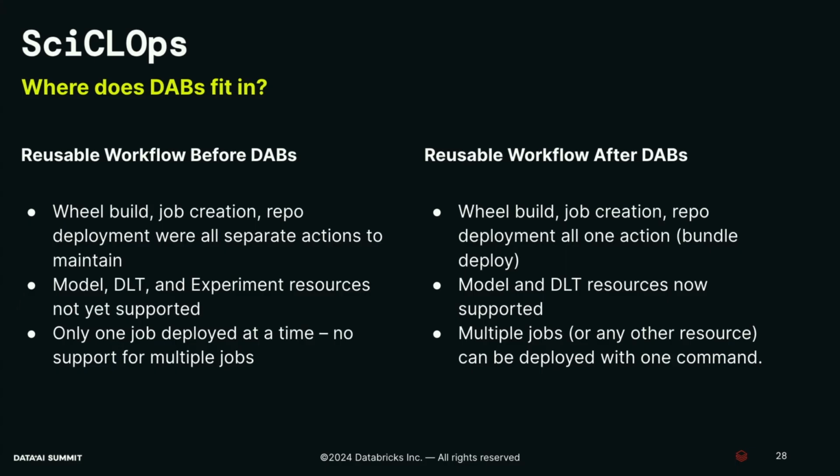Since DABs has a YAML format that we can work with, you can just add additional jobs to that 1 YAML file or split it out and use include statements. Day 1, we now had support for multiple jobs, and it solved a pretty good portion of our backlog. We also didn't yet have support for models, Delta Live Tables, or experiment resources. And we were able to add that as well on day 1 as soon as we began using DABs.